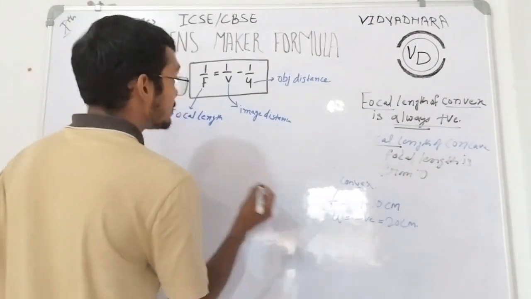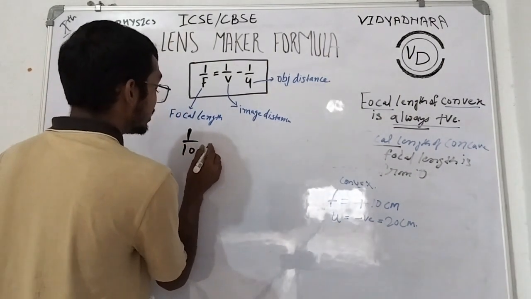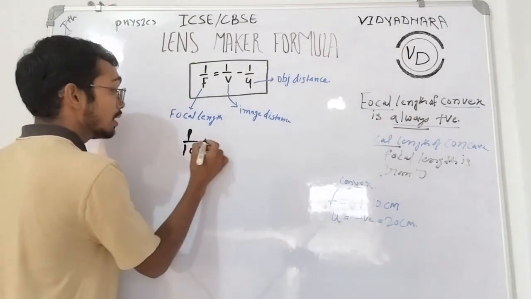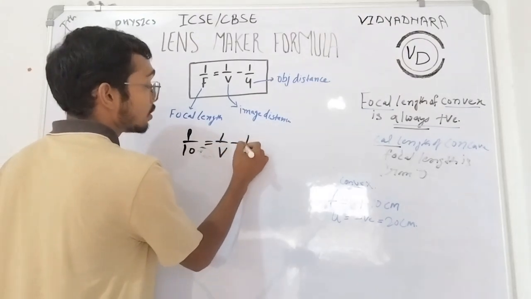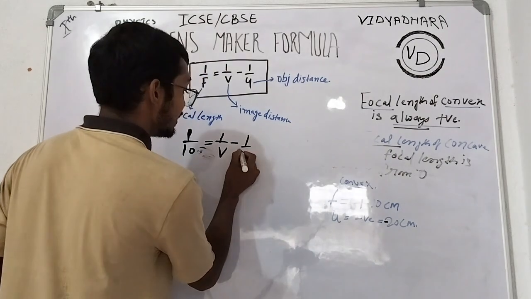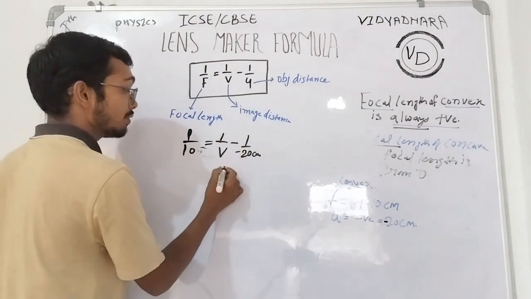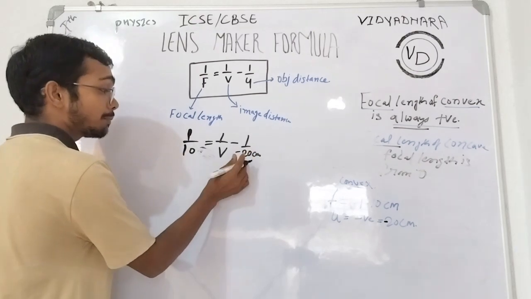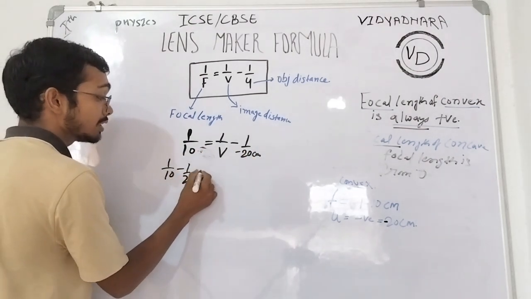Apply the formula: 1 upon focal length, 10 centimeter, is equal to 1 upon V minus 1 upon U. U is negative 20 centimeter. So negative and negative make positive.